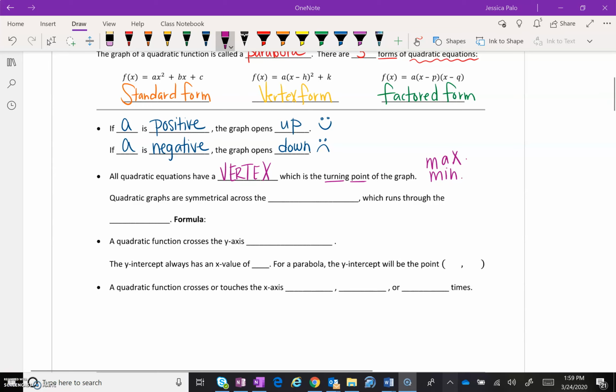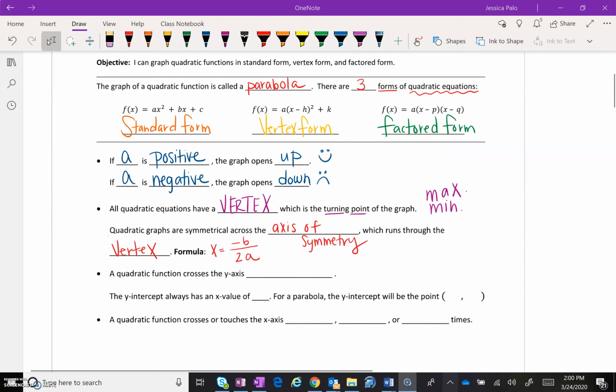We also know that quadratic graphs are symmetrical across the axis of symmetry, which runs through the x-coordinate of the vertex. And the formula for the x-coordinate of the vertex is x equals negative b over 2a.